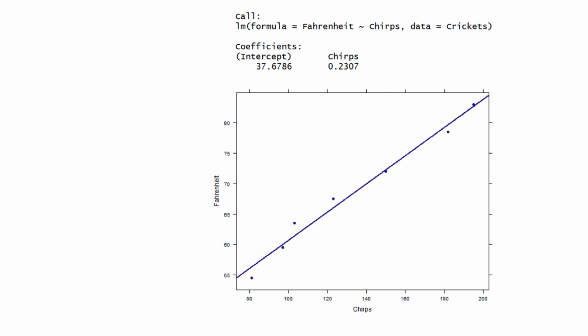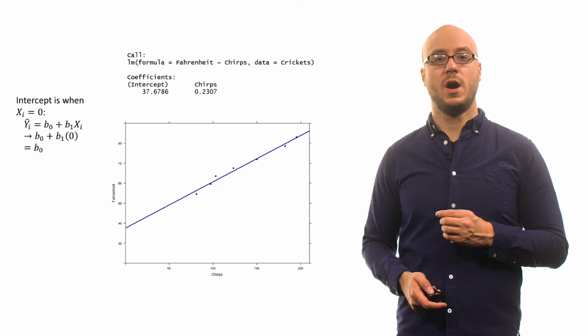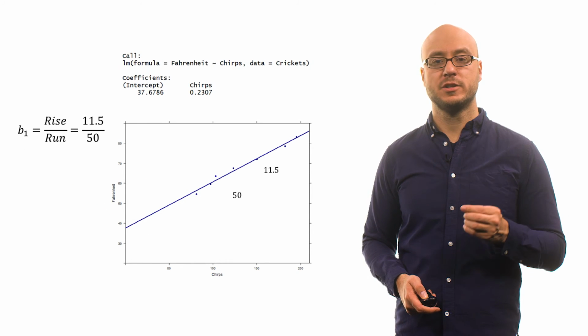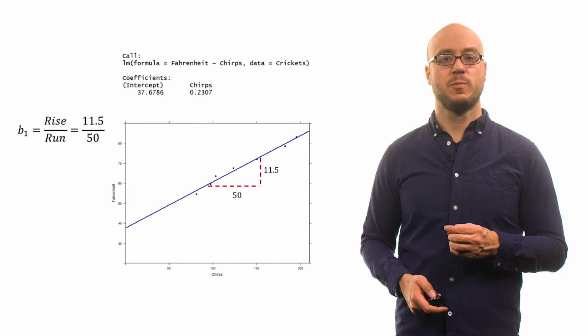This is what our model looks like when we fit that line that we just described onto the scatter plot of data. Any point on this line is given by our values of y hat. The intercept is when x equals 0, so when cricket chirps equals 0. And then the slope is simply the rise over the run.